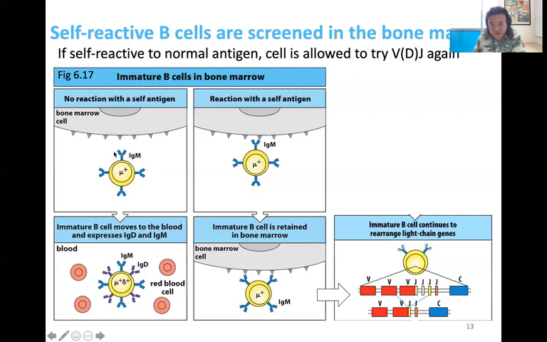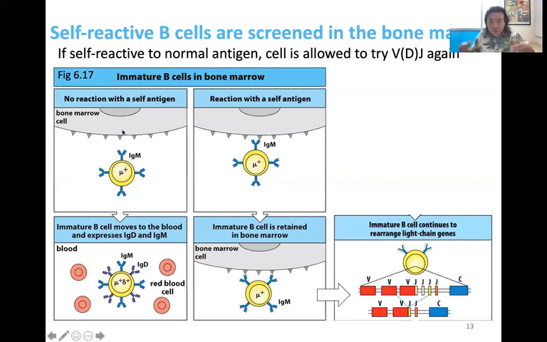All that laborious process of making heavy chain, light chain, etc. This particular cell managed to do it, unlike many of its little brothers and sister cells that couldn't handle it and died along the way. So the final test is, does this IgM on its surface actually happen to be, due to bad luck, the right shape to bind some self-antigen?